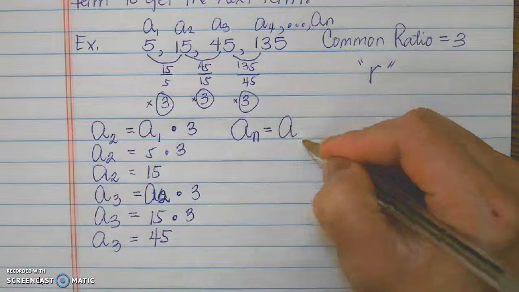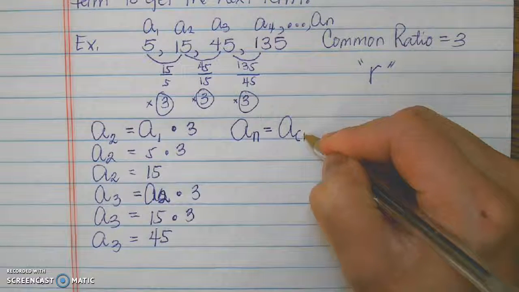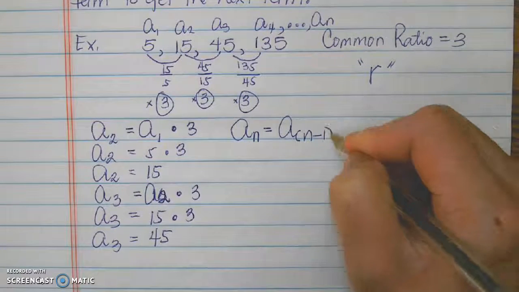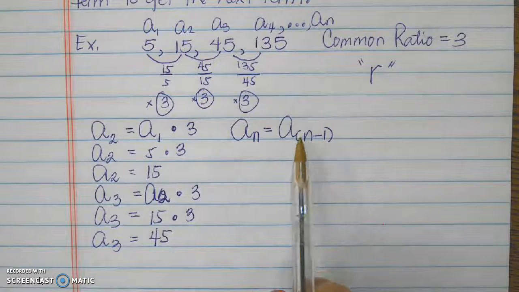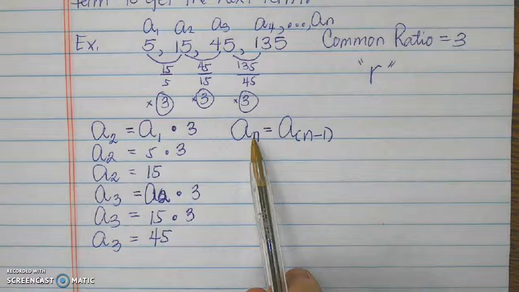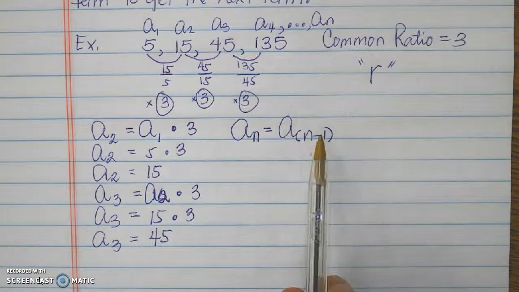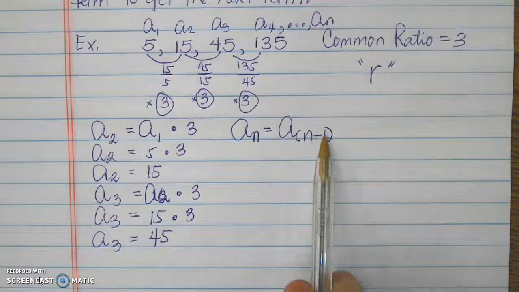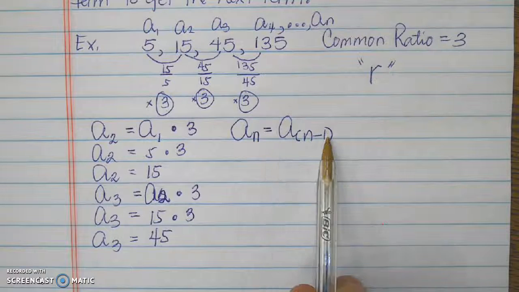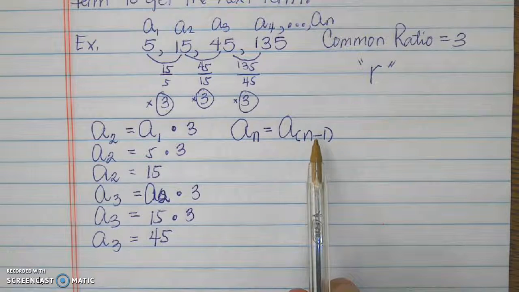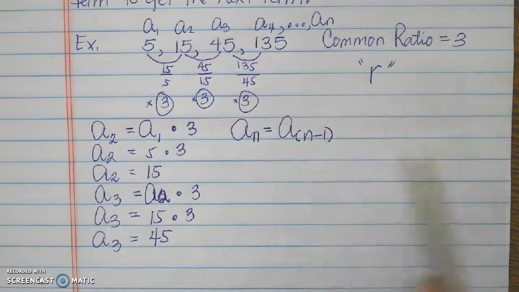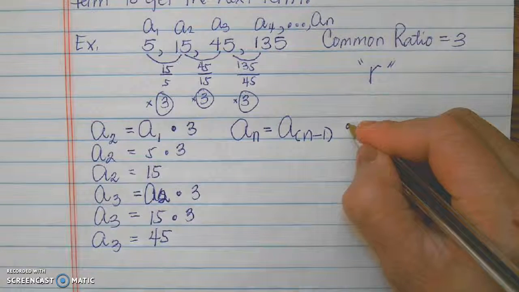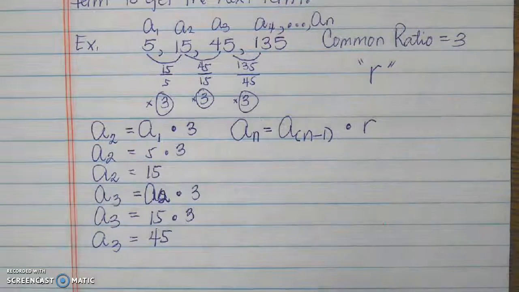I want an A sub N minus 1, because what I'm looking for needs the term before it. So this means you are going to the term before it, so minus 1, and then you're going to multiply by your R. So this now is the formula.